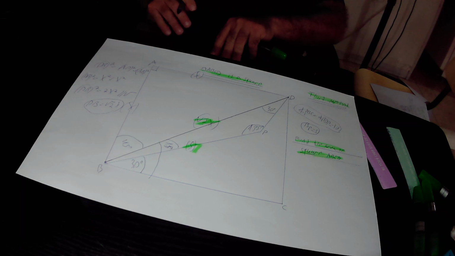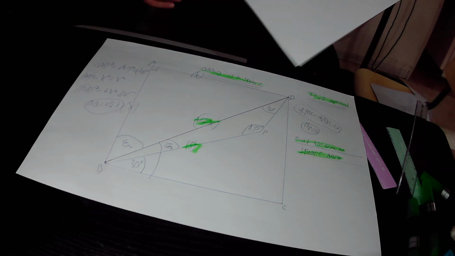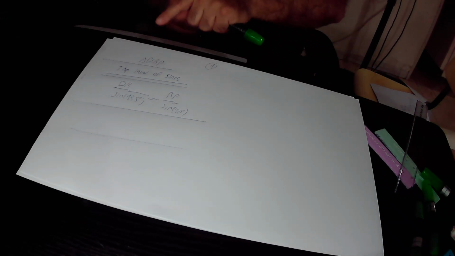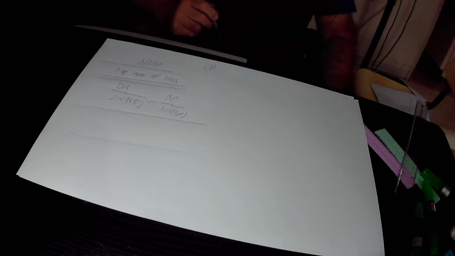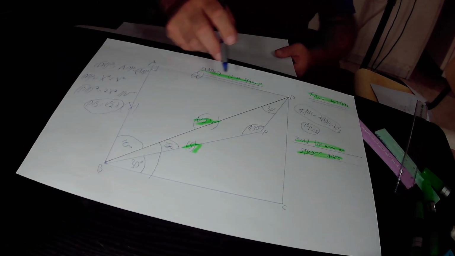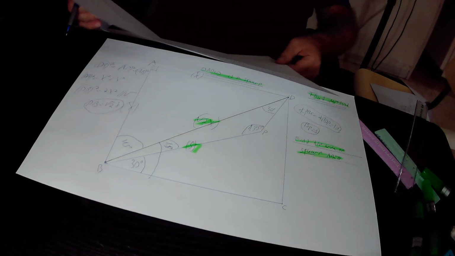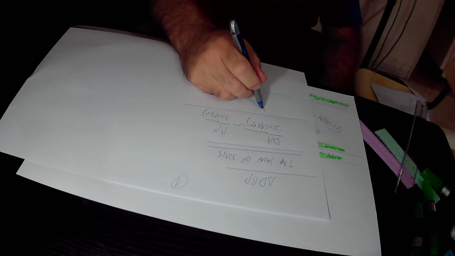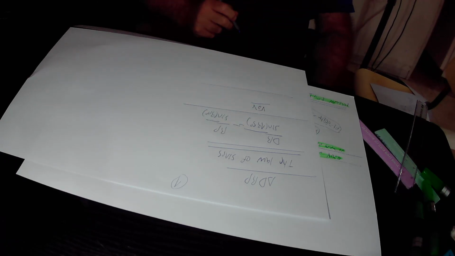Again, in this triangle DBP, according to the law of sines, DB over sine 135 degrees equals BP over sine 30 degrees. We already found out that DB equals the square root of 2 times x, over sine 135 degrees.